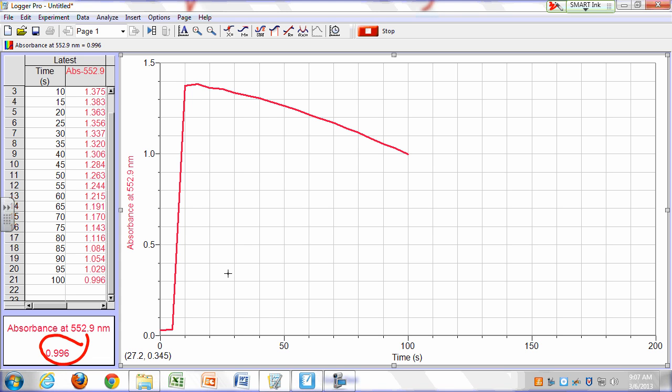Okay, we're going to determine the half-life of this reaction. How long will it take before that absorbance reaches 0.5? I need someone to monitor how long it takes from 0.8 to 0.4.